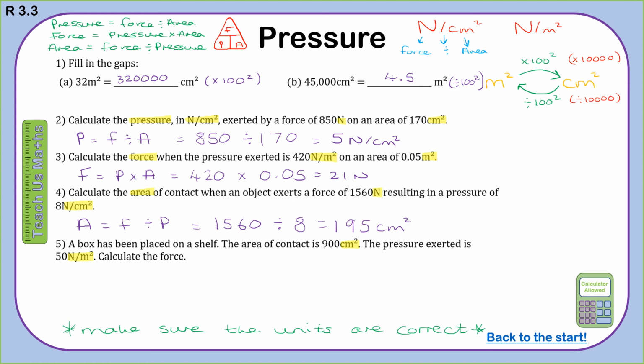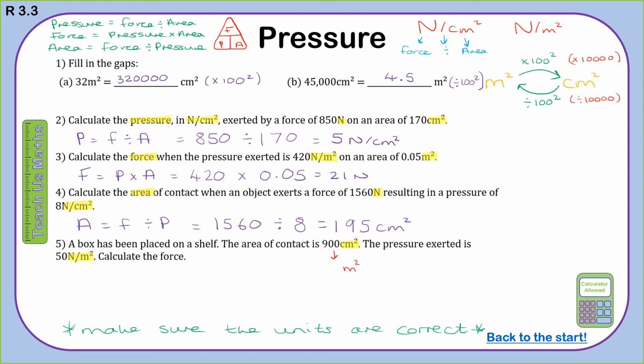Rather than attempting to change the pressure from newtons per metre squared to newtons per centimetre squared, because that is going to be trickier, I'm going to convert my area from centimetres squared to metres squared so that my units are consistent.